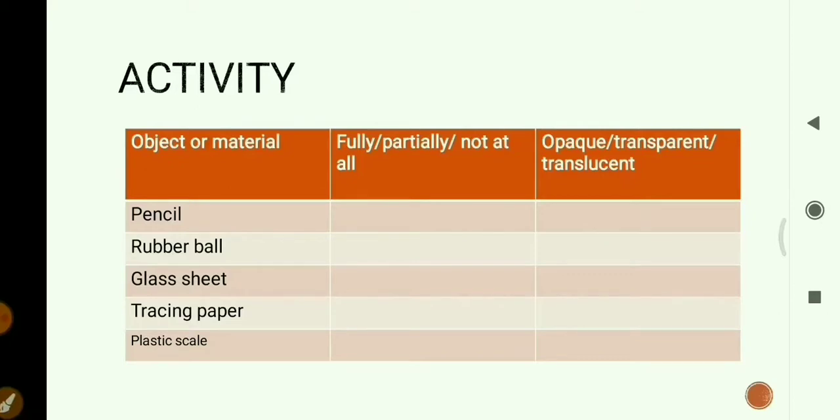Look around yourself and collect as many objects as you can, for example, a pencil, rubber ball, glass sheet, tracing paper or plastic scale. Try to look at something far away through each of these objects. Is light from a faraway object able to travel to your eyes through any of the objects? Record your observation in this table.